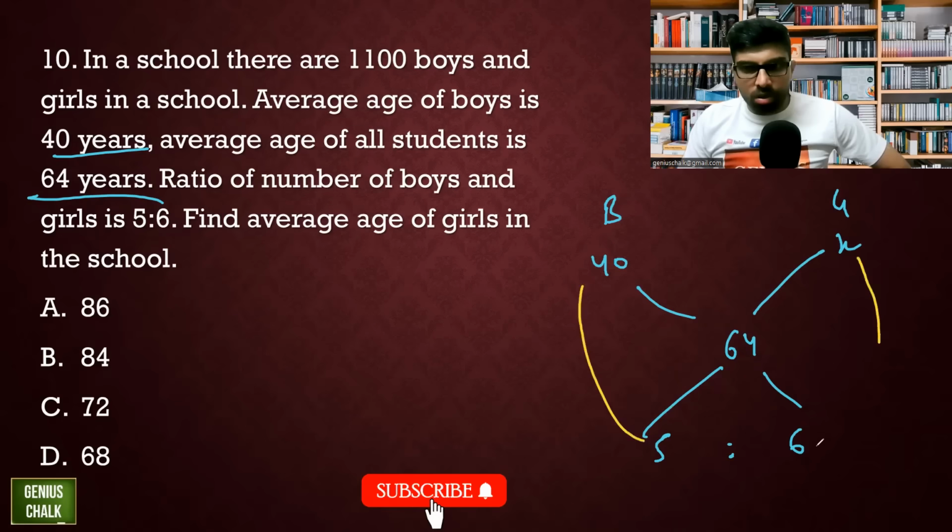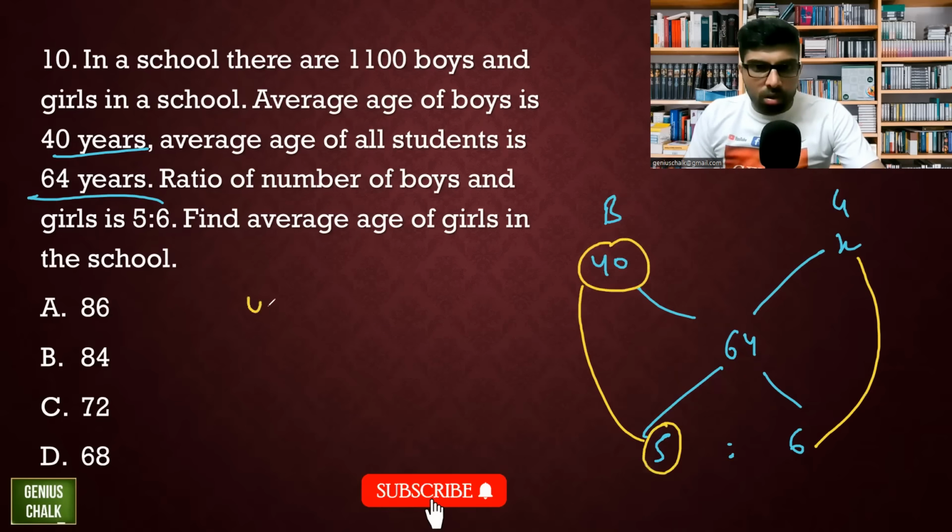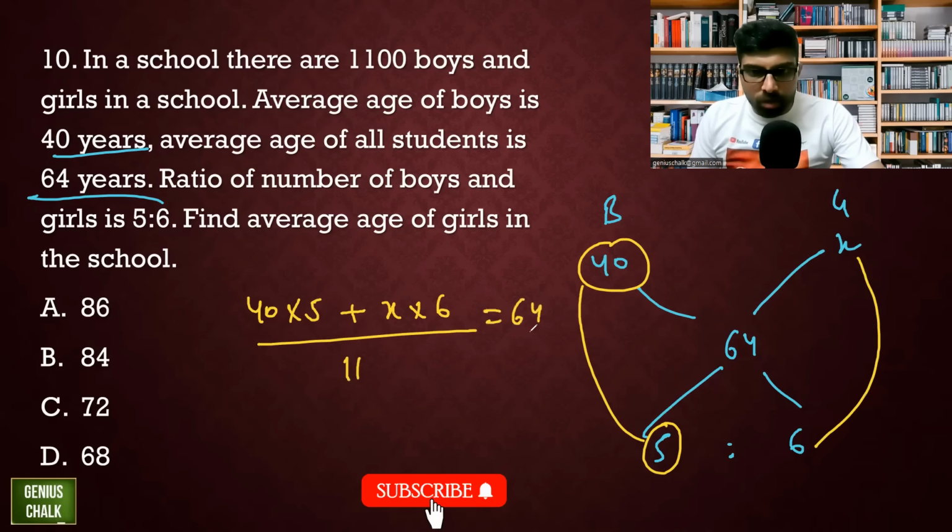So this is 40 into 5 plus x into 6, and that has to be divided by 11, right? It must be 64. This is one way we can solve, right?